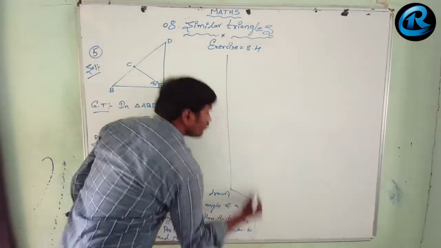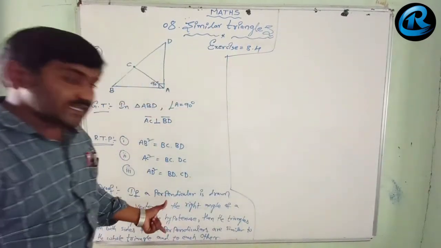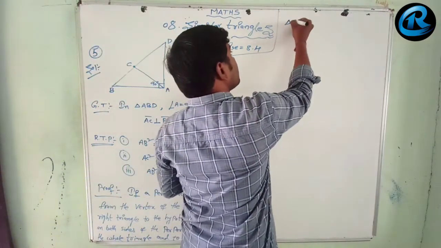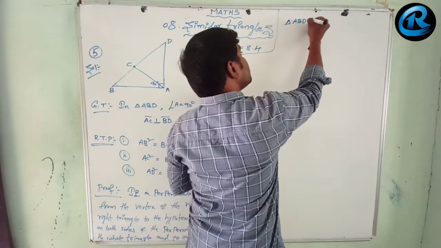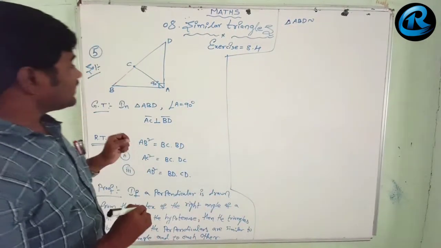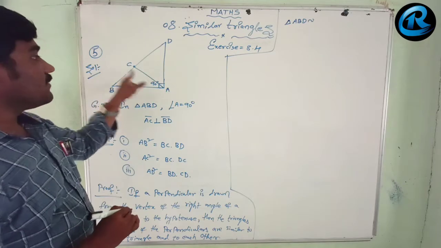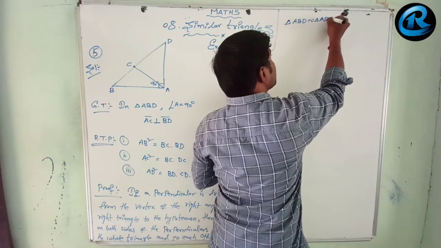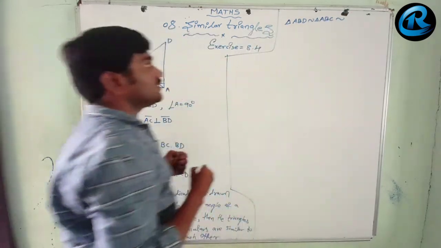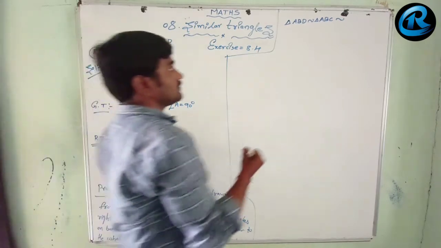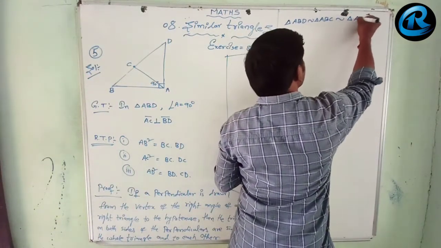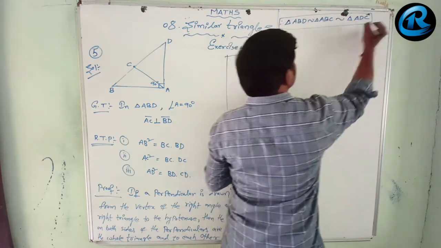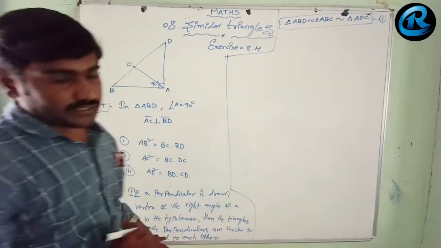By this theorem we can write now here triangle ABD is similar to triangle ABC, which is also similar to triangle ADC. So these all triangles are similar to each other. This is equation number 1 from the theorem.